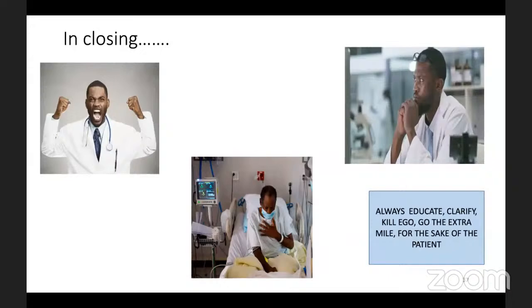But over these years, I have come to learn that the Bible even says that a gentle answer turns away wrath. So it is always prudent to call the physician and explain, because they did only one year of med lab. Explain your part, whatever is happening, why the result is taking long.